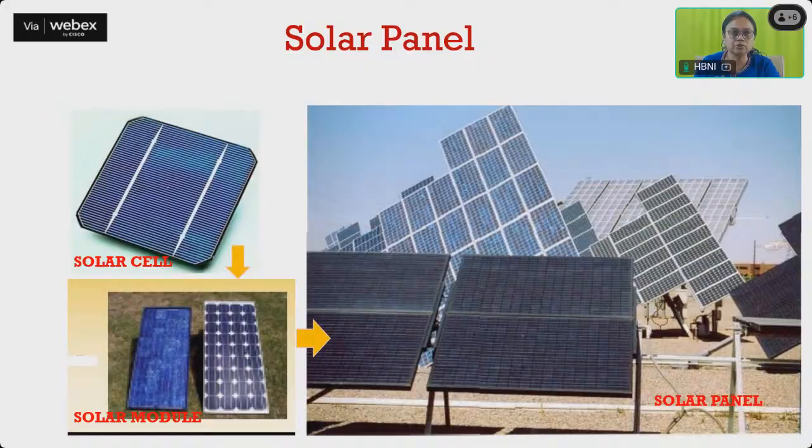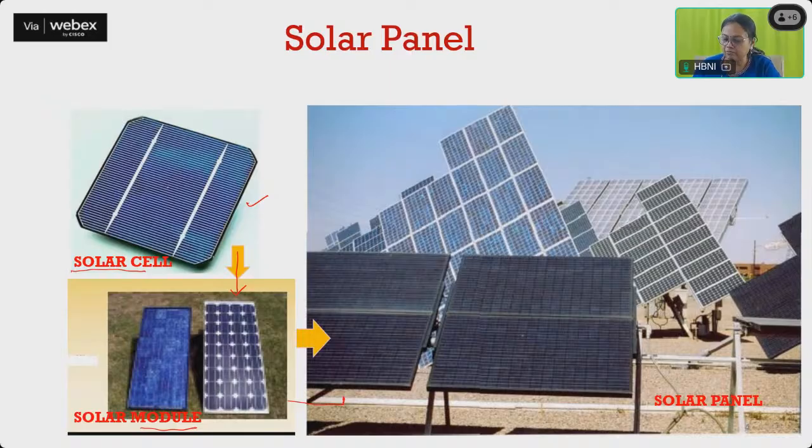Here I am showing you that it starts with the solar cell. This one piece is called the solar cell, and this makes a solar module. This is the solar module, and then many such modules make the solar panel.